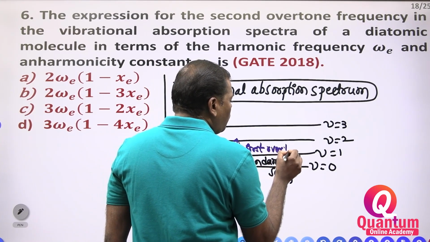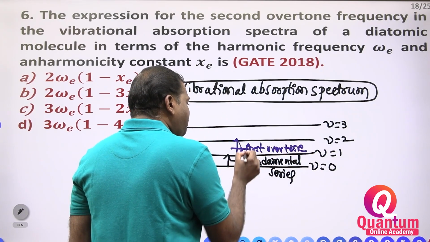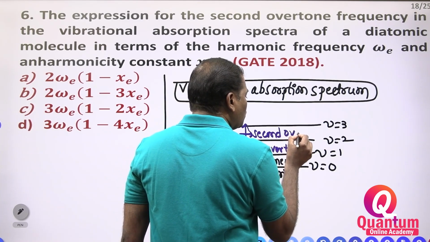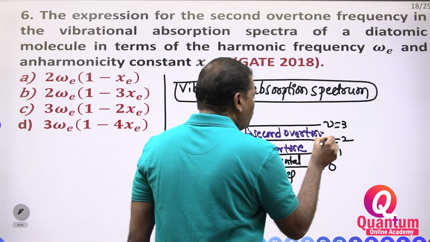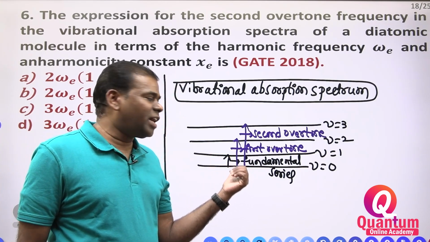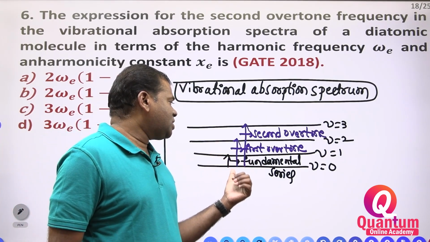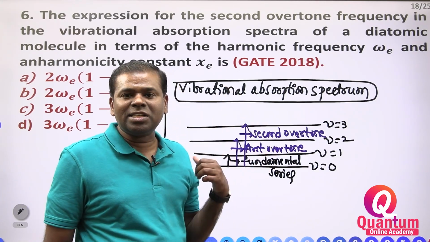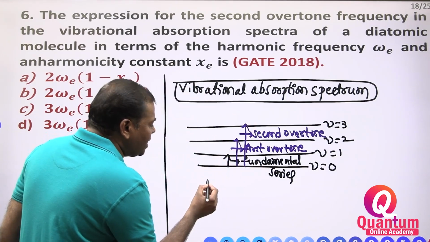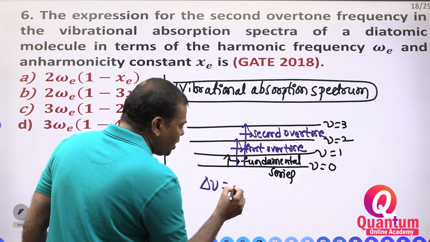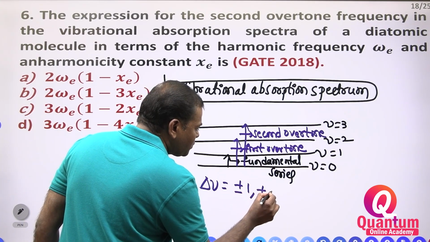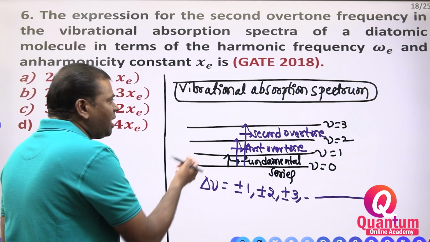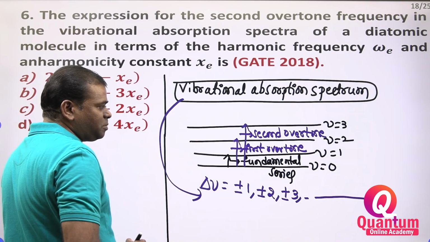From 0 to 3 transition, we call it the second overtone. Now, what is the selection rule? Delta nu is equal to plus or minus 1, plus or minus 2, plus or minus 3 and so on. This is the selection rule of a vibrational absorption spectrum.